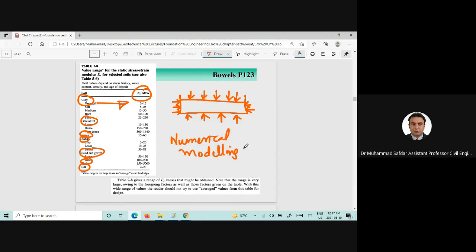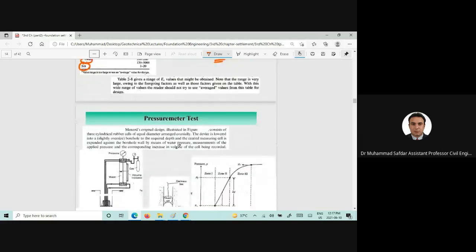If you don't want to spend too much money on site investigation, you can easily take those values, but it's always recommended to perform the site investigation in high value projects.